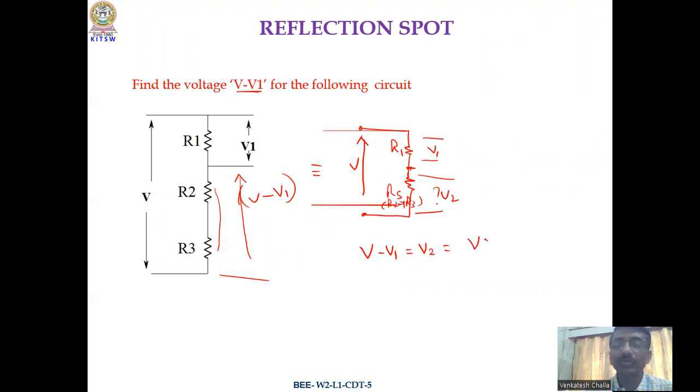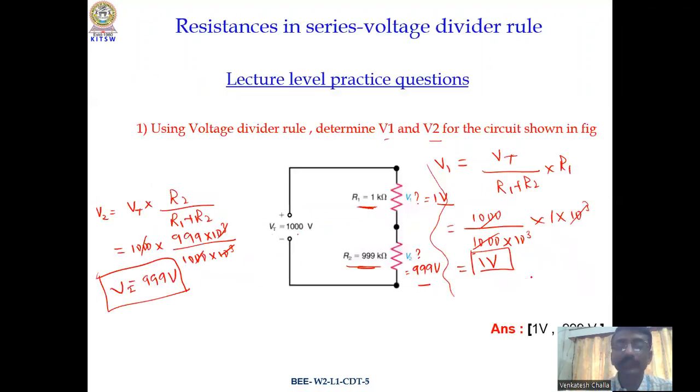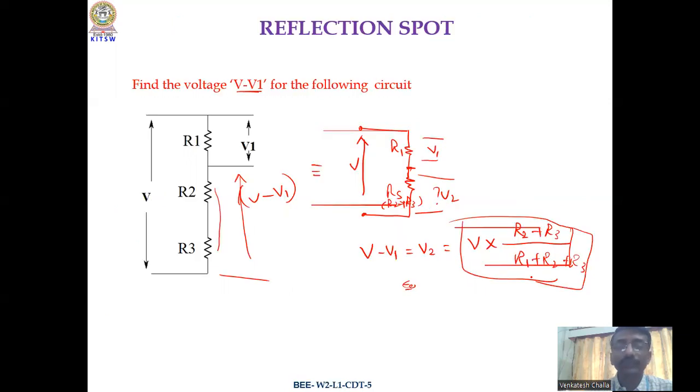It is nothing but total voltage into the resistance of that element, that is R2 plus R3, divided by total resistance R1 plus R2 plus R3. Values are not given, so you have to represent the equation like this. V minus V1 is total voltage V into R2 plus R3 divided by R1 plus R2 plus R3.